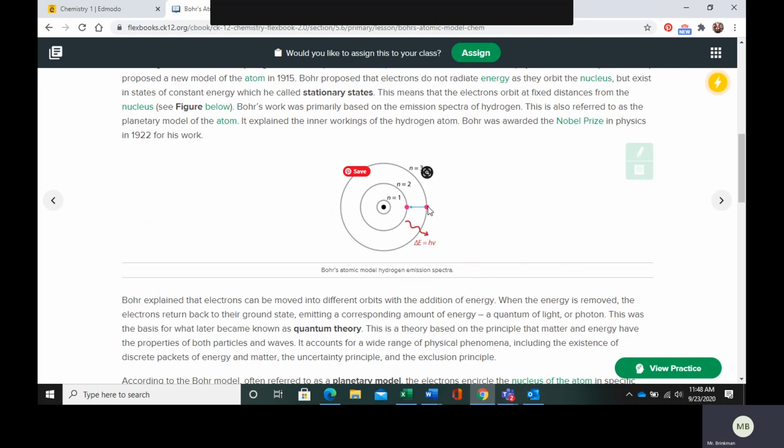Similarly, when you remove energy from this atom, the electron is going to go back down to its ground state, the lowest energy state, and it is going to emit a corresponding amount of energy. So the amount of energy equal to the jump from here to here. All right.